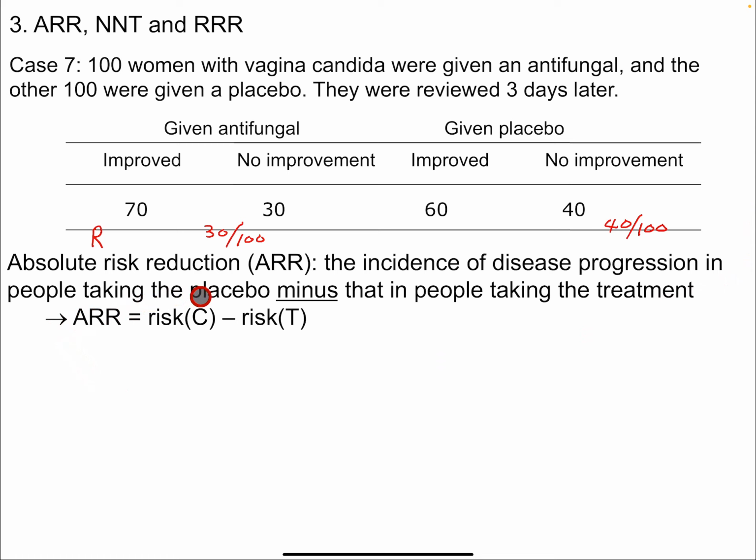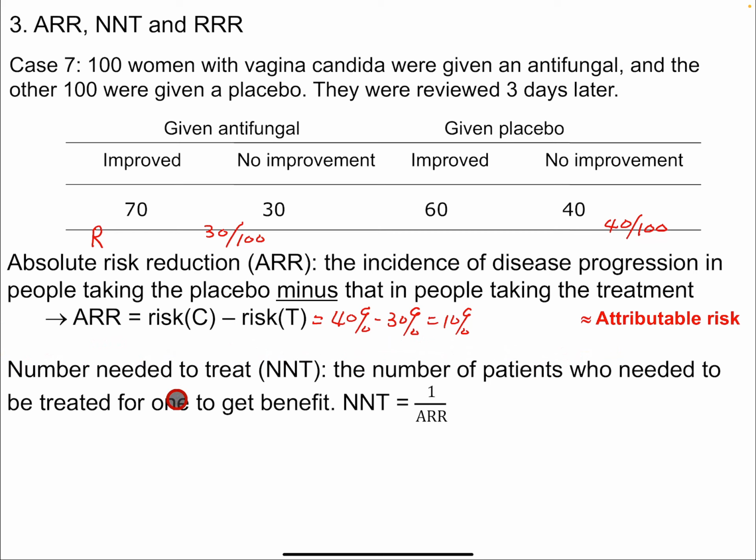Absolute risk reduction is the difference between these two. So it equals the risk in the control group, 40%, minus 30%. Absolute risk reduction is 10%. A closely related term called attributable risk has a very similar calculation.